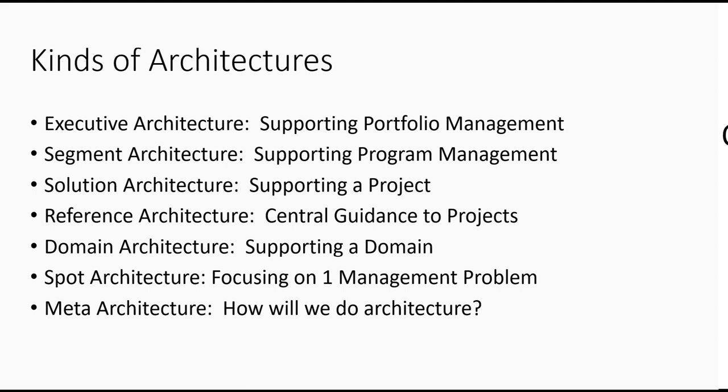And solution architecture specifies how to build a solution or maintain it. So these correspond roughly to the 3 levels of management in the PMI set of management practices. So you have portfolio management, program management, and project management.